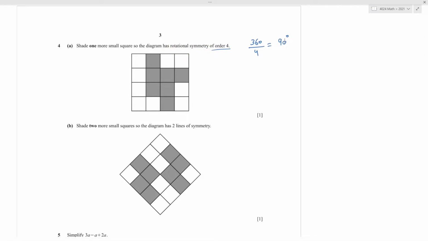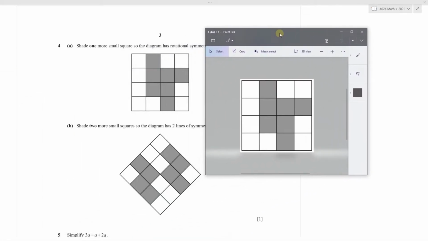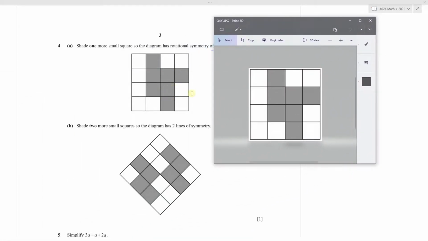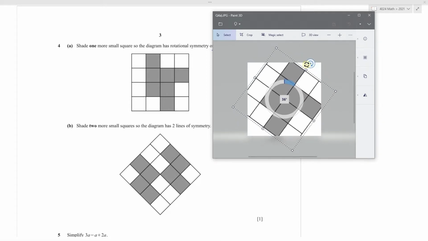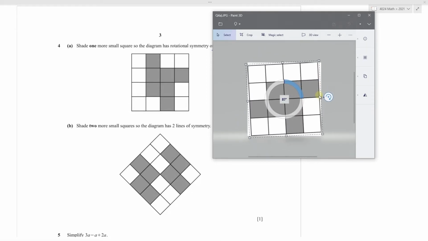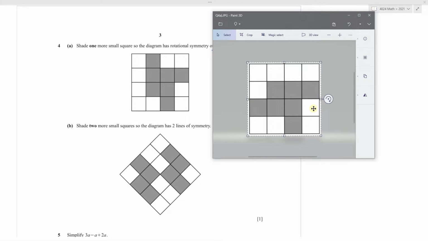So let me bring this here. This is the exact same diagram. I'll try to rotate this. You can rotate your question paper in a similar fashion. If I rotate this 90 degrees like this, in order to have rotational symmetry order 4, this should look exactly the same as the original diagram.